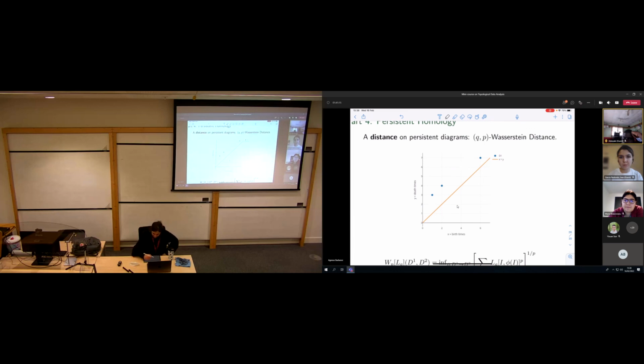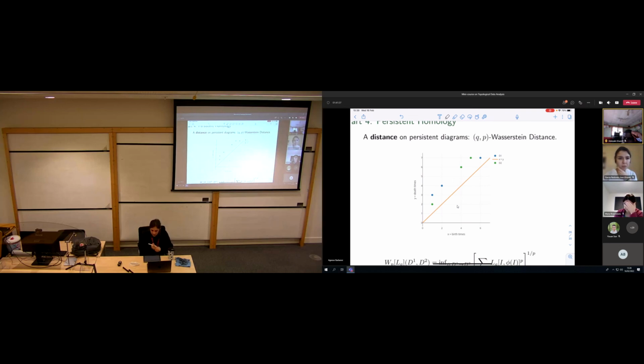Once you are able to encode all the information about these topological features appearing and dying in the filtration starting from a point cloud, and once you can talk about persistent diagrams, you can do things with them.